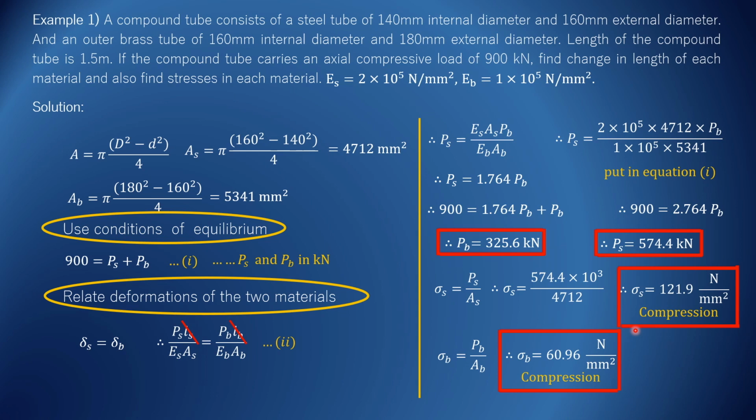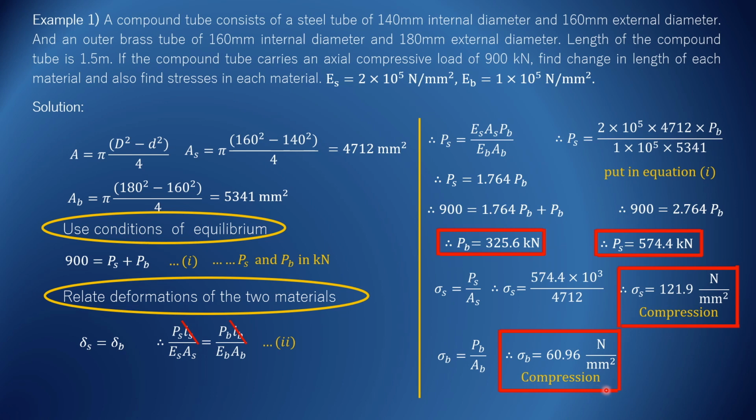For example, concrete is strong in compression but very weak in tension. So the stress is 121.9, that is not enough. You must know the nature of the stress, whether it is tension or compression. So develop this habit from this stage only. So stress in steel is 121.9 compression and stress in brass is 60.96 compression.